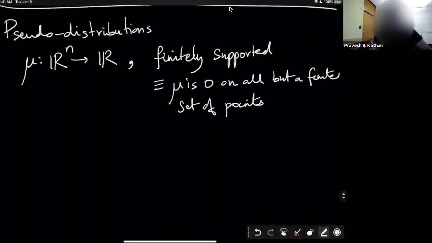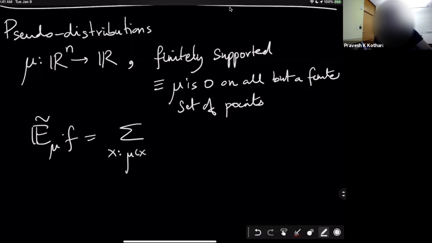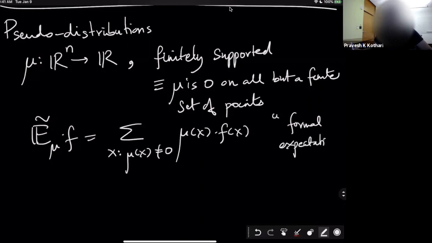Good. So given such a finitely supported function on R^n, I define the formal expectation just like we did in the context of the hypercube, but this time I can write it as a summation because mu is finitely supported. So there is no integration happening here. Sum of mu(x) times f(x), no surprises there. This is the formal expectation, the analog of what we defined on the hypercube. And it works because we're just saying that there's going to be a summation over some finite set.